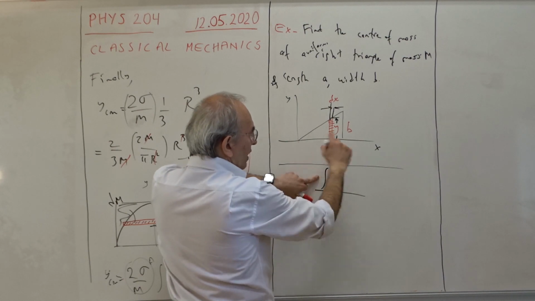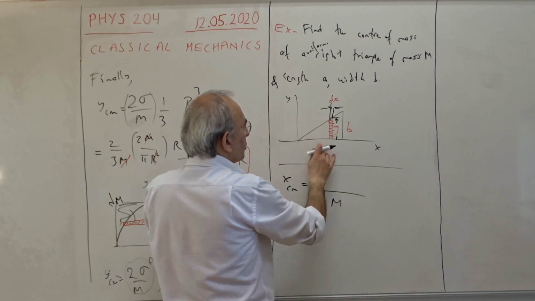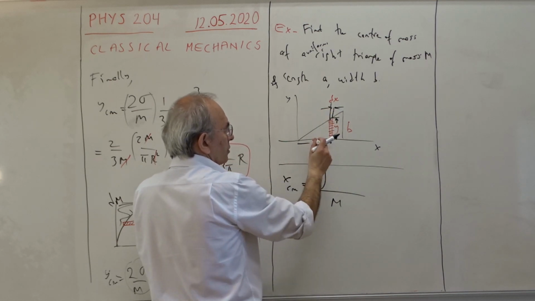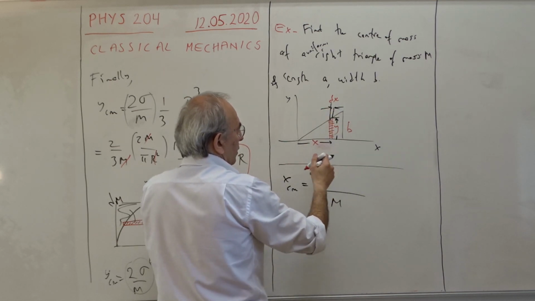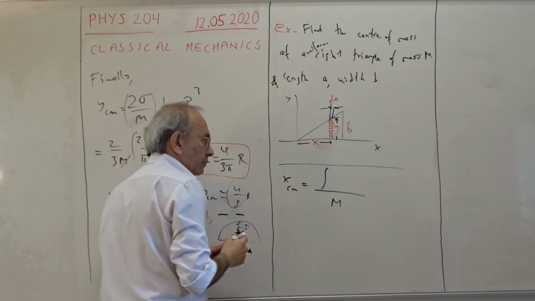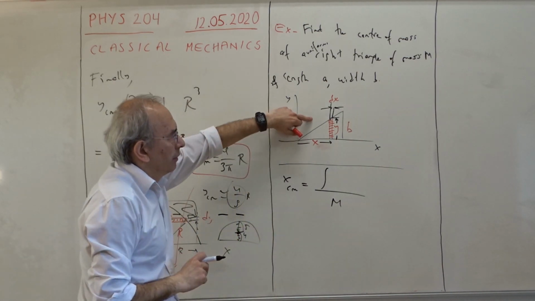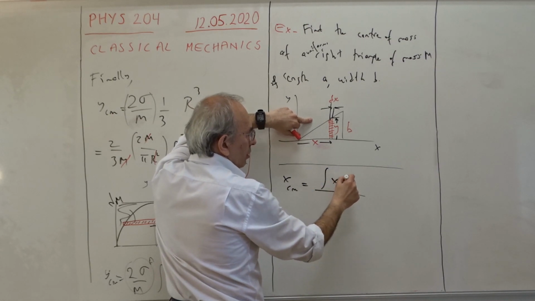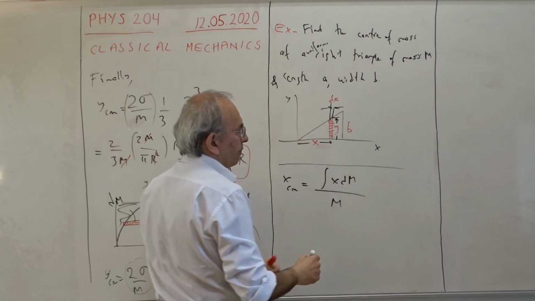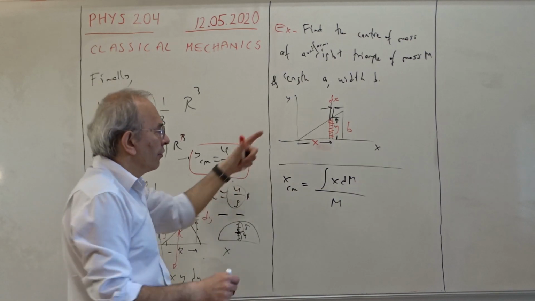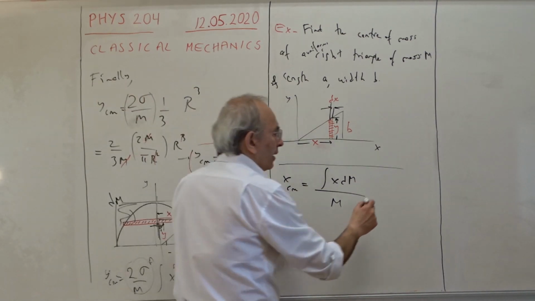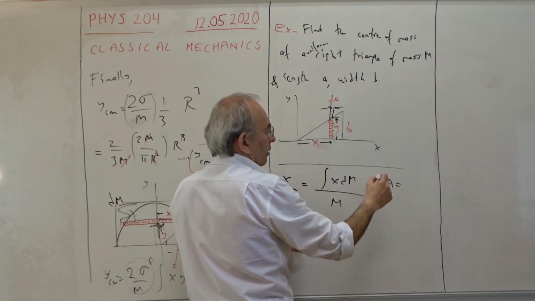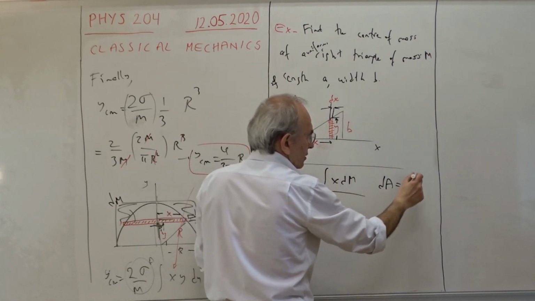Therefore here we have x, and x is this component until this strip x, so that we should multiply all x's by all such dm's. And as in the previous case, this strip has area, length times width. Length is y, width is dx.